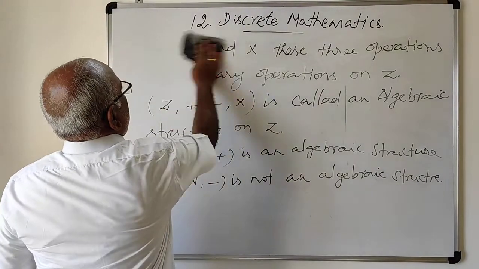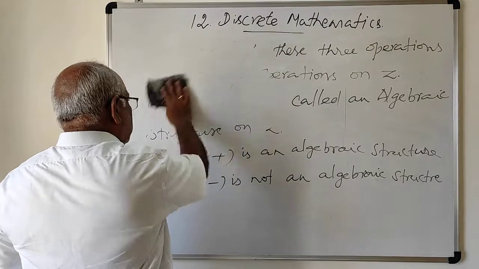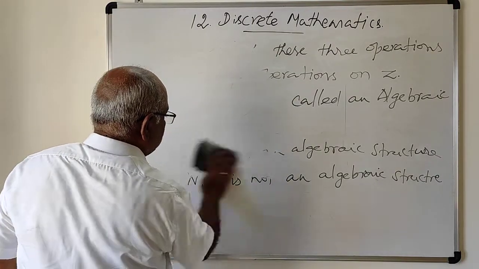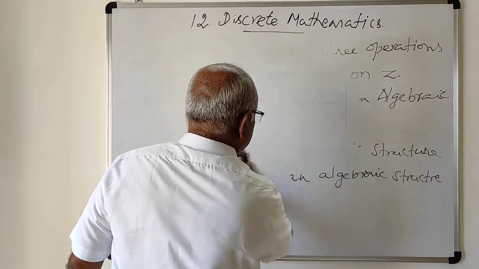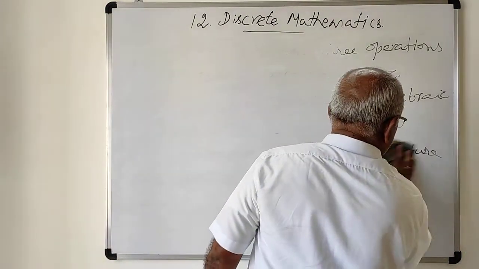Now, using the closure property, I am going to solve one example given in your book, Example 12.1.